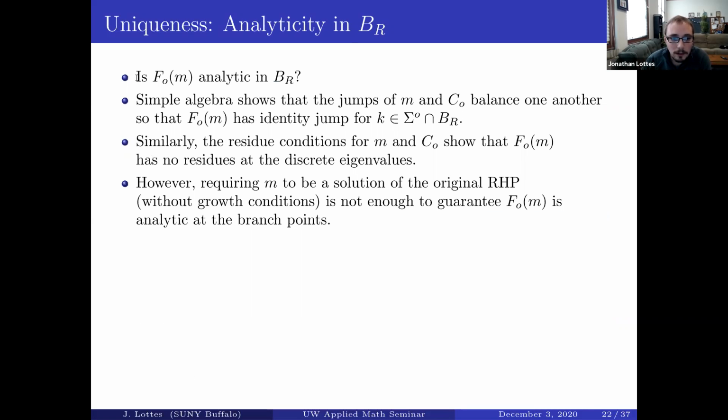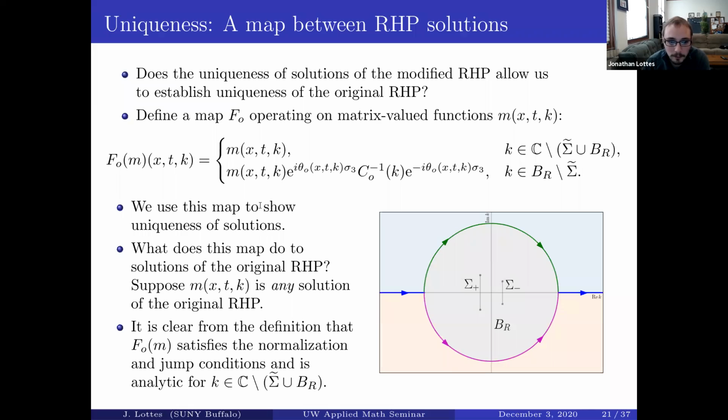So as I said, that's the question: is F naught of M going to be analytic in BR? First of all, we can show pretty easily that it is. In principle, we're taking M to be a solution of the original Riemann-Hilbert problem, which means M has jumps along sigma inside the ball. So that's the real line and then these branch cuts.